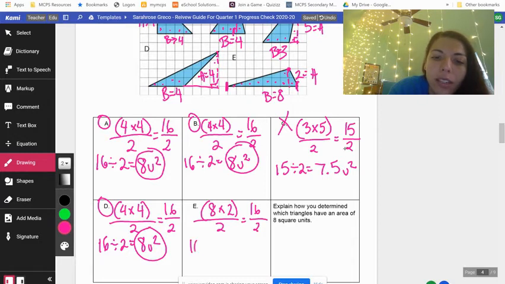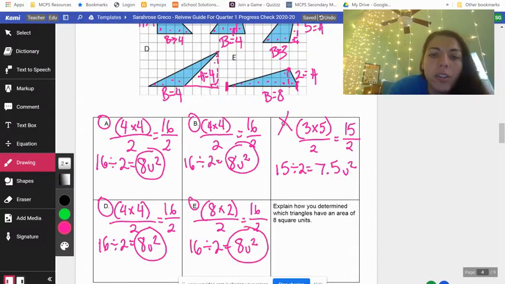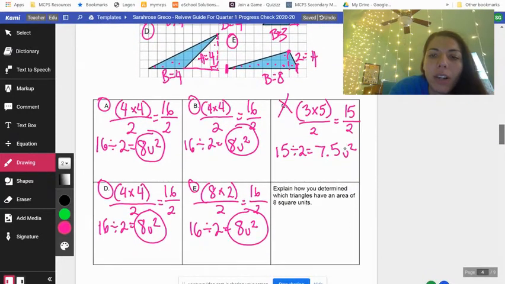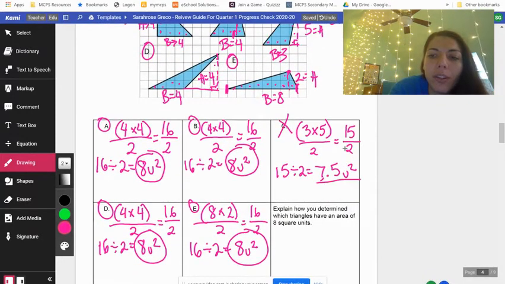Yes, it works. 16 divided by 2 is 8 units squared. So D works, E works. The only one that didn't work was C. C gave us 7.5 units squared.